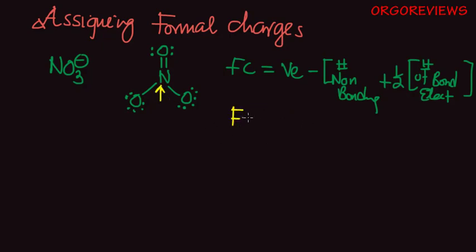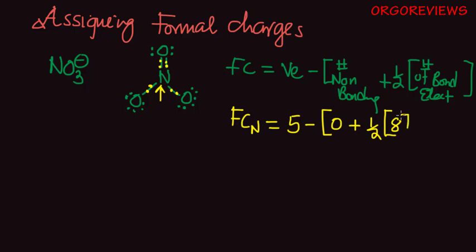So formal charge for the nitrogen would therefore be 5, which is the valence electron for nitrogen, minus, in brackets, the number of non-bonding electrons, and as you can see, nitrogen has no non-bonding electrons. All the electrons are involved in a bond, so that will be 0, plus half of the number of electrons in the bonding. So if you see, every bond has 2 electrons, so it gives us 8 electrons overall that are involved in bonding. So that will be 8 right here.